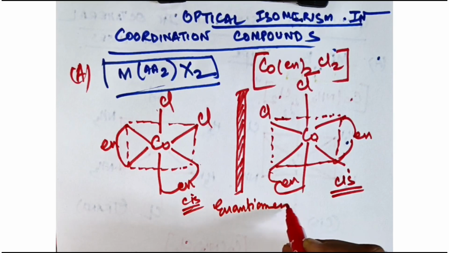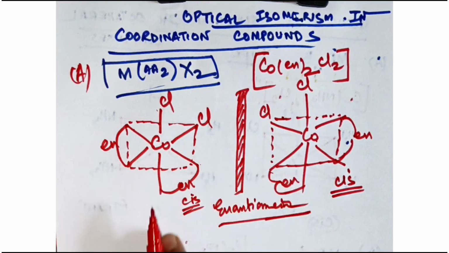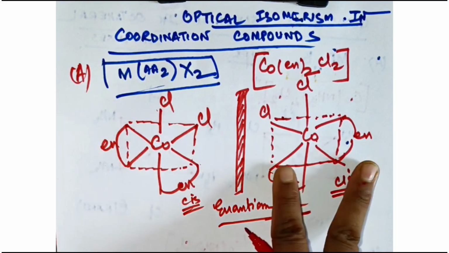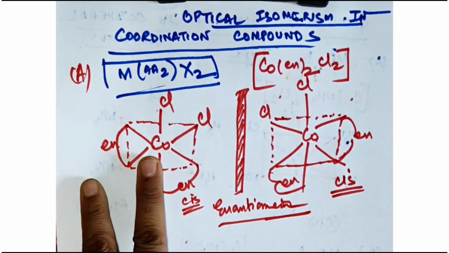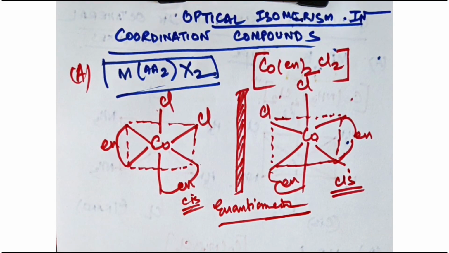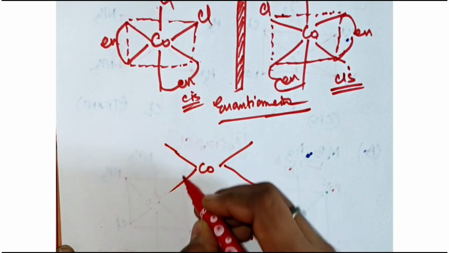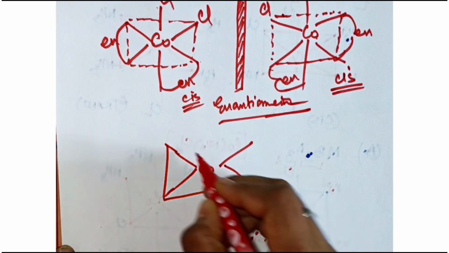Enantiomers are those molecules which are identical in structure. These are mirror images but non-superimposable. Superimposable means if you put this molecule above this, you are not going to get the same one. It will not superimpose. So what will be the trans one for this? The trans one we have done for the platinum complex. It is the same here also.